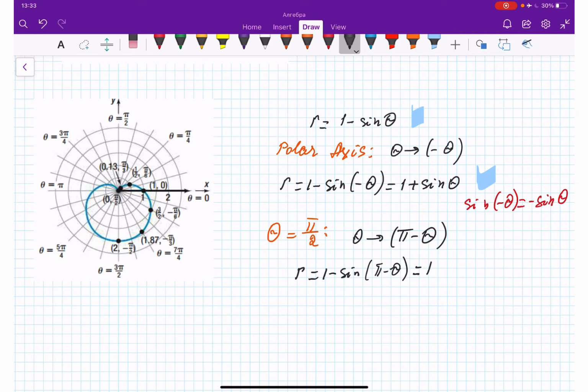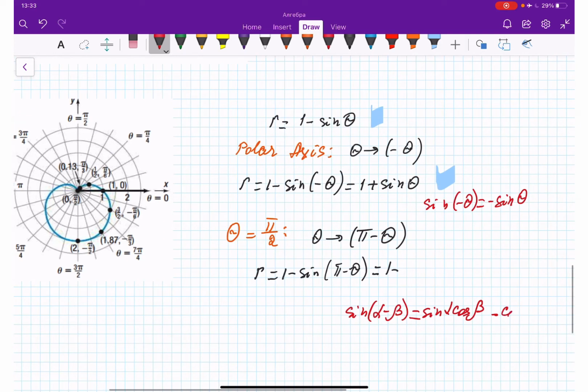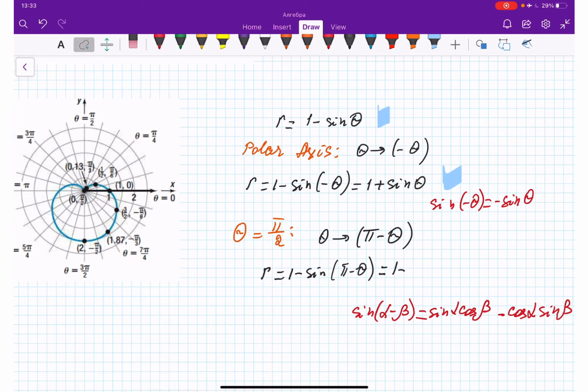For sine of pi minus theta, we follow the formula where sine of alpha minus beta equals sine alpha cosine beta minus cosine alpha sine beta, and we are going to follow this formula.